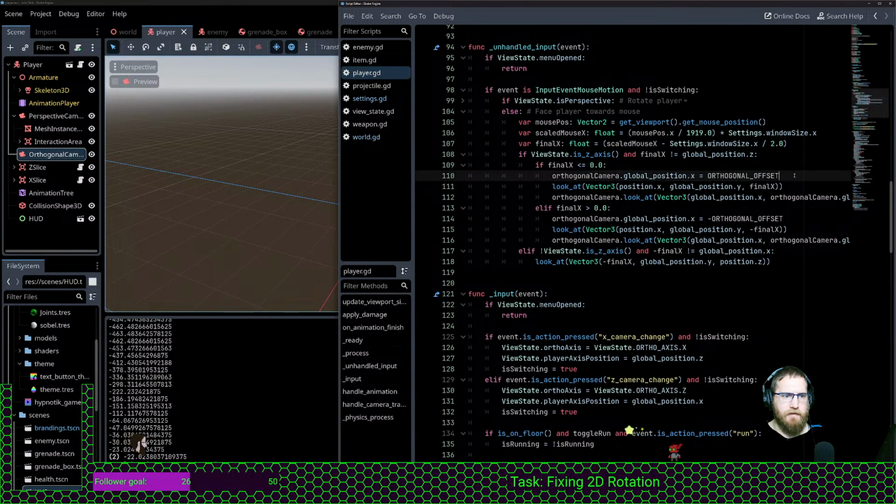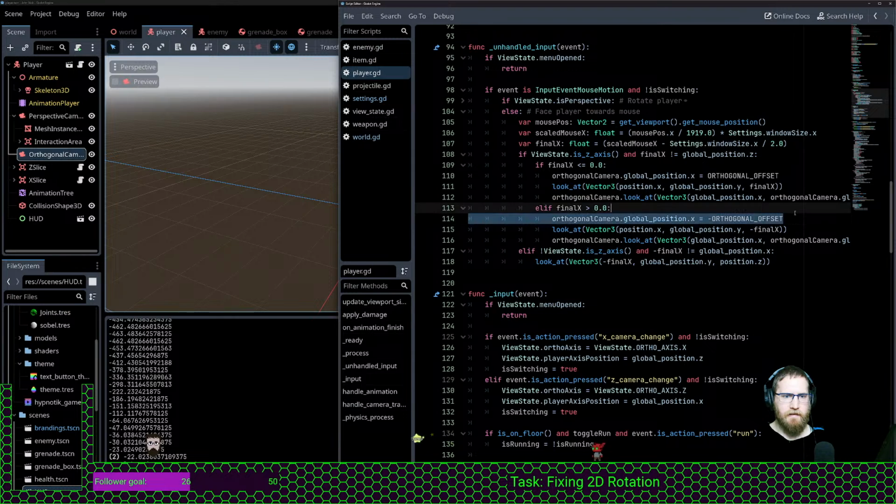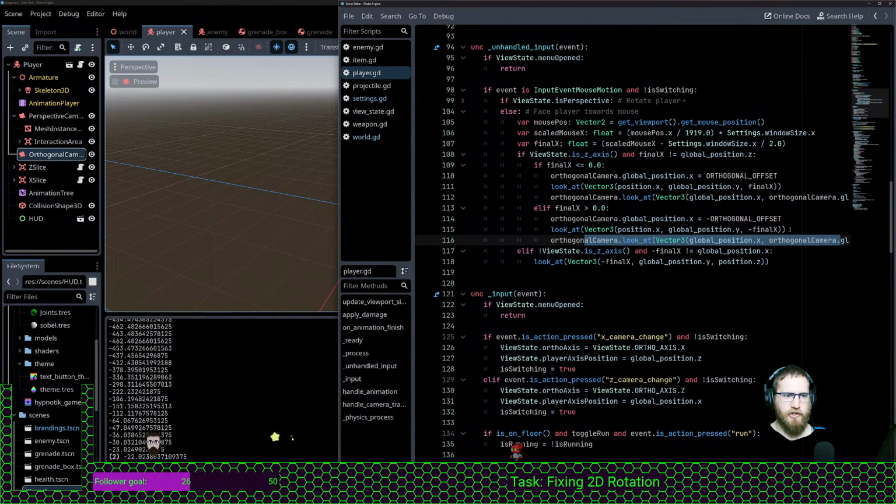These camera positions need to jump on opposite sides when the player rotates. We need to make sure that when we change the camera's position, we look at the player again, because otherwise we're going to be looking away from the player.